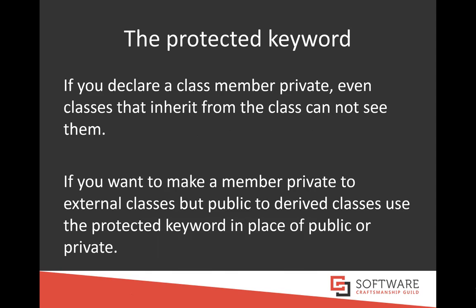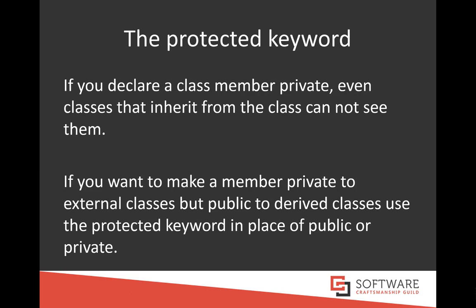I mentioned the protected keyword. So far we've been working with public and private members. Public, anybody can use it. Private, only the class can use it. Even if another class inherits from you, that derived class cannot see private members of the base class. Protected is a keyword you can use instead of public and private.